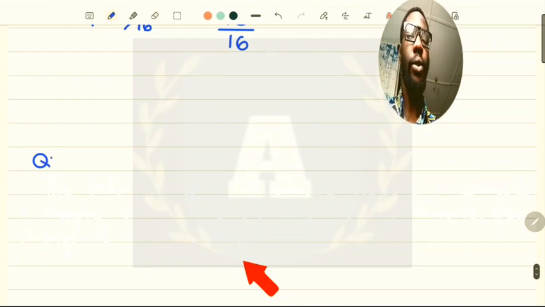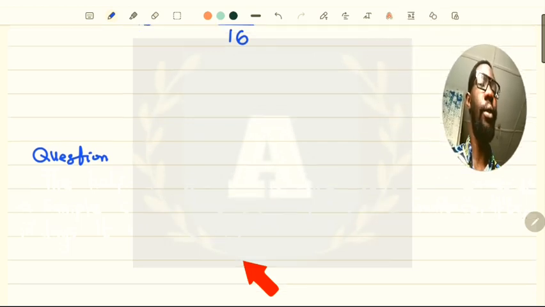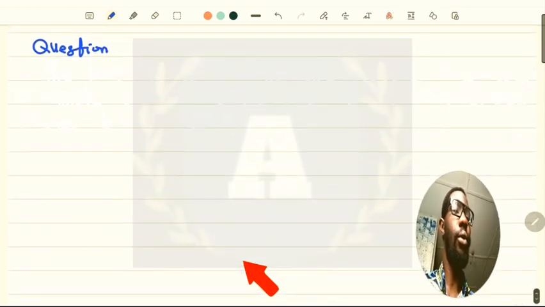Now there is also this question which is essential for us to know as well.